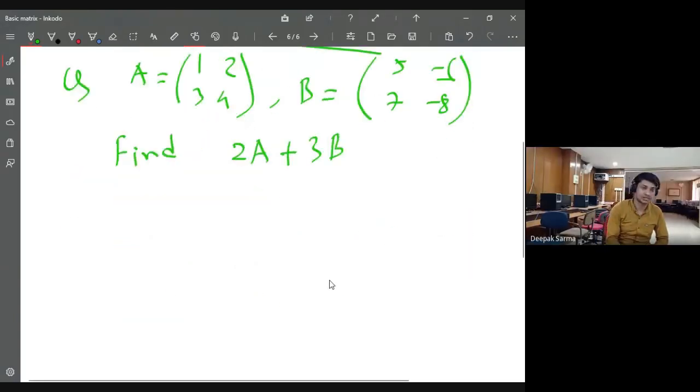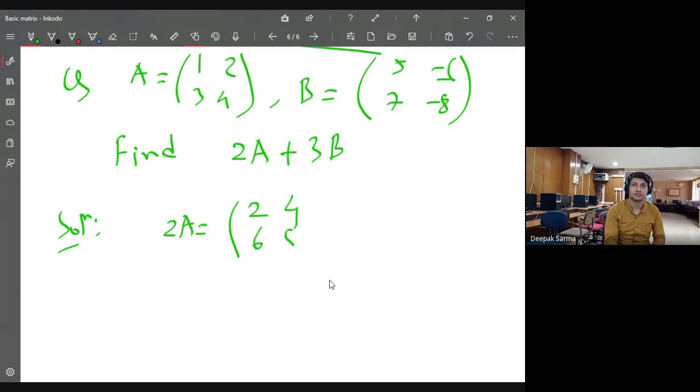By definition, twice A equals 2 times this matrix. That is, if you multiply each entry of A by 2, that is 2, 4, 6, 8. Fine. What is 3B? Again, you can find it. If you multiply each entry of B by 3, what you get is 3B.